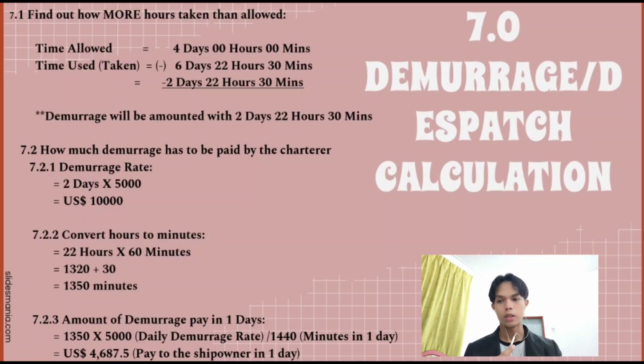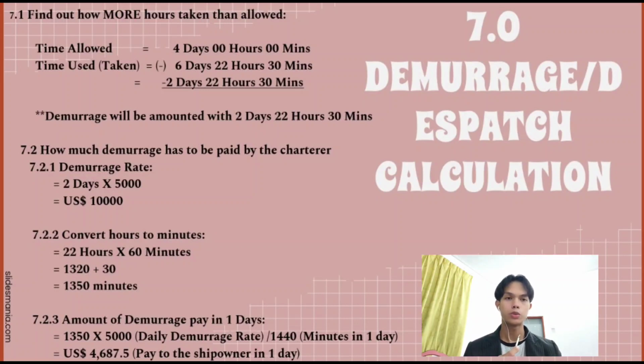Next, we have to determine the demurrage to be paid by the charterer to the ship owner. So the demurrage rate 5,000 times 2 days equals 10,000 US dollars. The remaining hours convert to minutes, which is 22 hours times 60 equals 1,320 plus 30 minutes, so the total is 1,350 minutes.